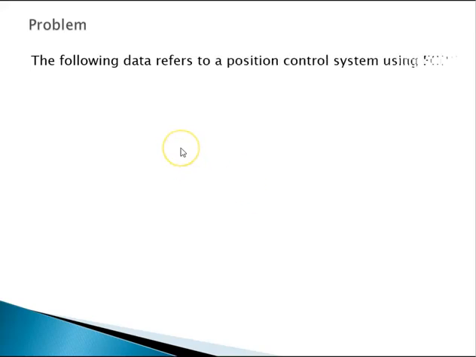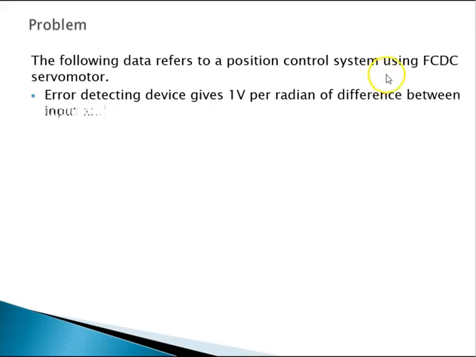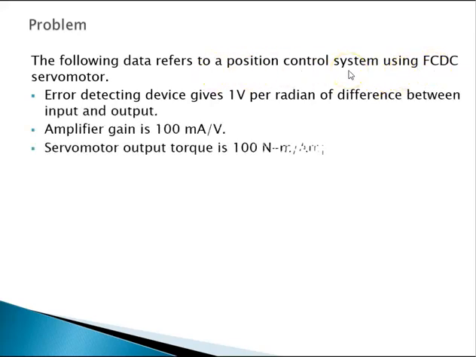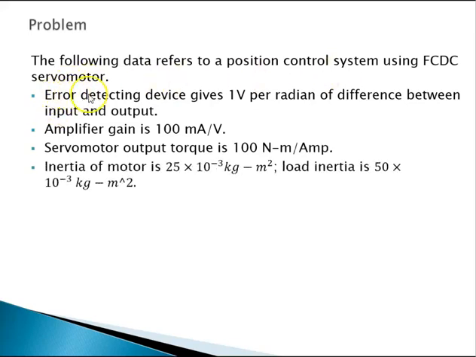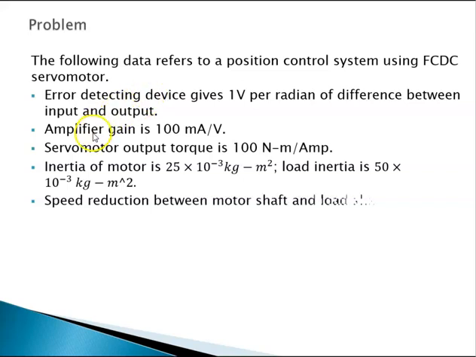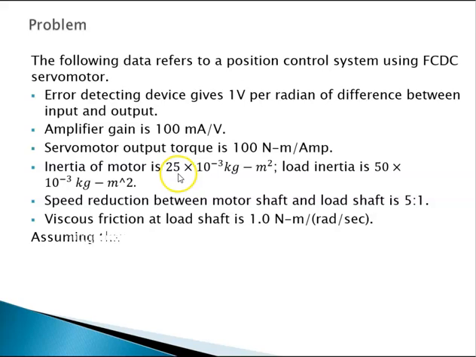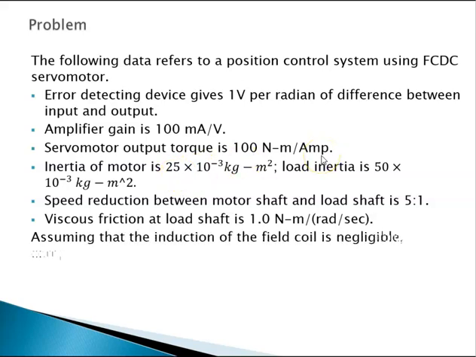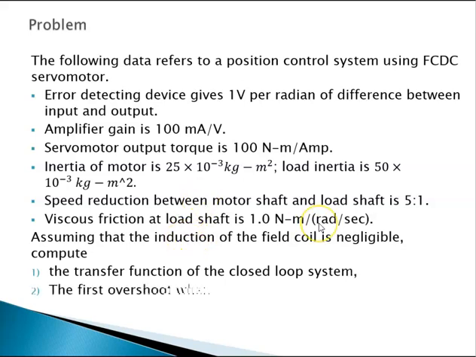This is the problem statement, and this data refers to a position control system. When you say position control, there is an external feedback using a potentiometer, that is the error detecting device. You have an amplifier, you have a servo motor, you have motor inertia, load inertia, motor viscous coefficient, and so on.